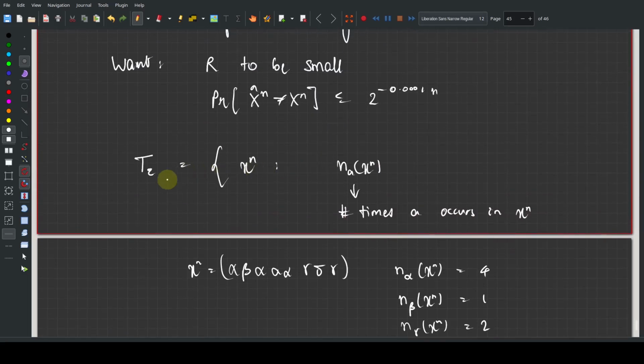And I'll define this set, which is parameterized by a small number epsilon, as the set of all sequences for which every particular symbol occurs a number of times that is close to its probability of occurrence. So let's take this to be: N_A of Xn is less than n times P_X(A) times (1 plus epsilon), and greater than n times P_X(A) times (1 minus epsilon).